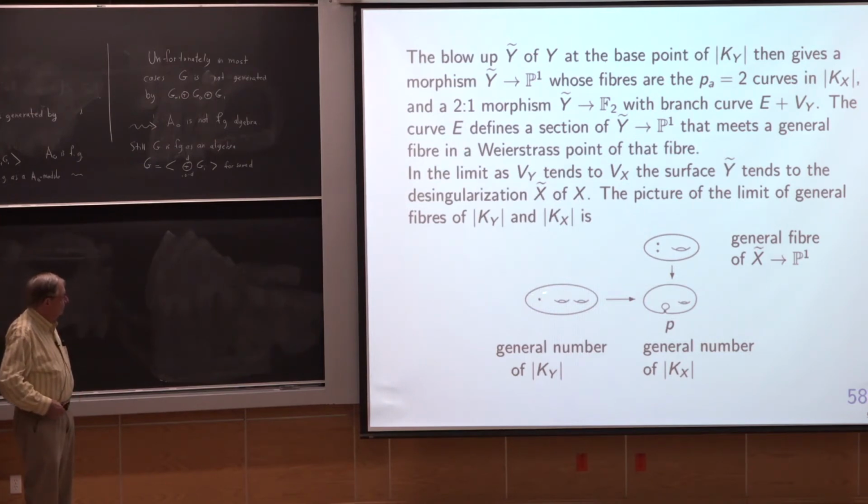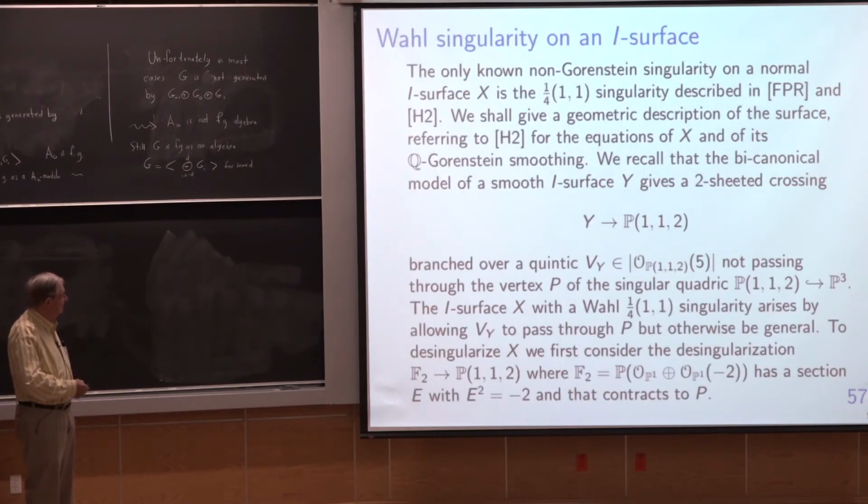This is sort of a picture of what happens when you take the general member of it. Well, let me back up just a second. So we have this wall surface with a singularity, and we allow the quintic to pass through the vertex, otherwise it's general, and you desingularize the limit by this construction here.